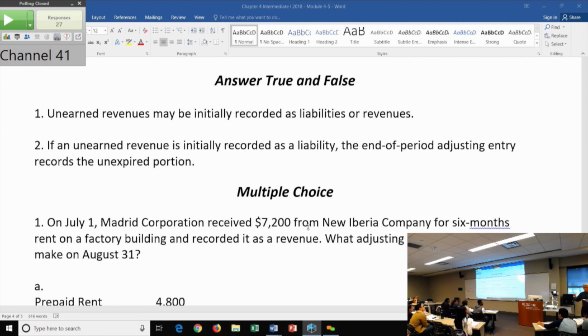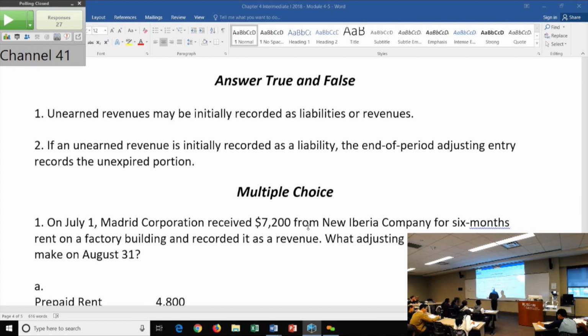What is it really recording? It's recorded, like on the unearned rent revenue, 3,000 will be used up. Right, or what was earned, actually. So it's not the unexpired portion, it records the portion that's earned. The unexpired, from the standpoint of the expense side, that's why it's wrong also.